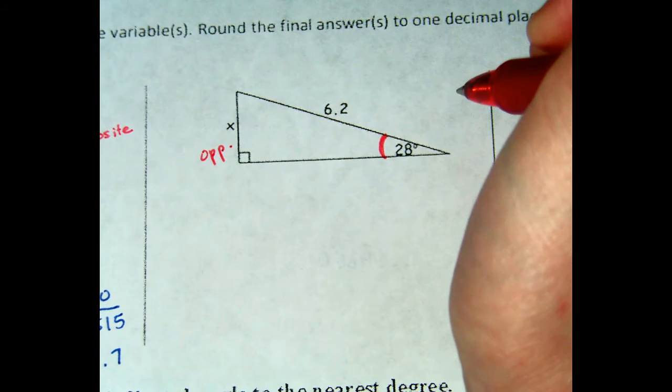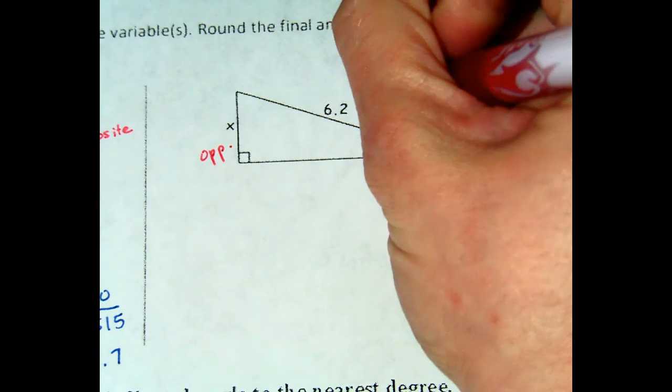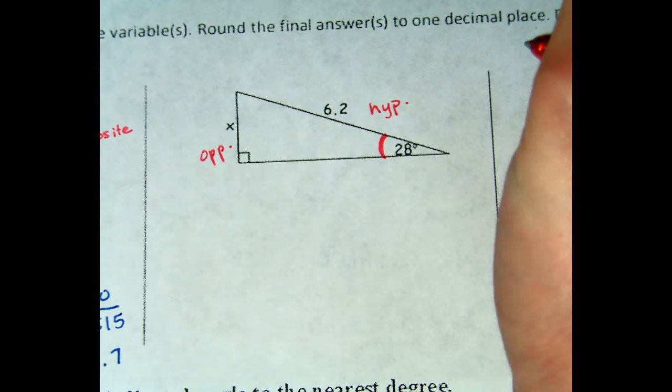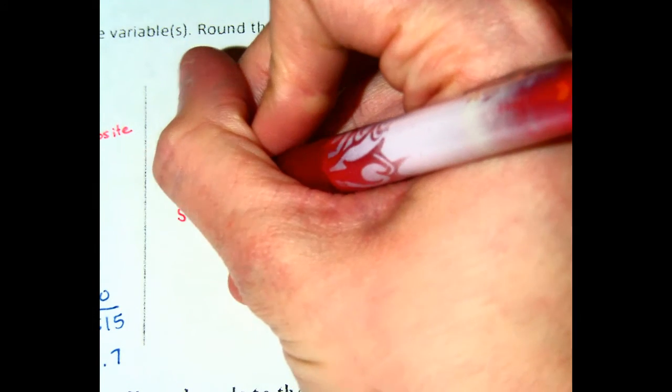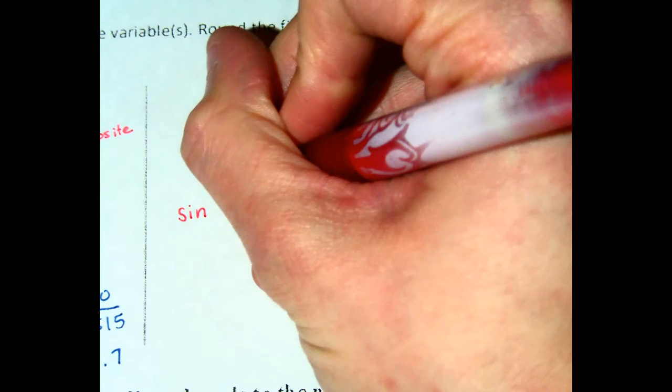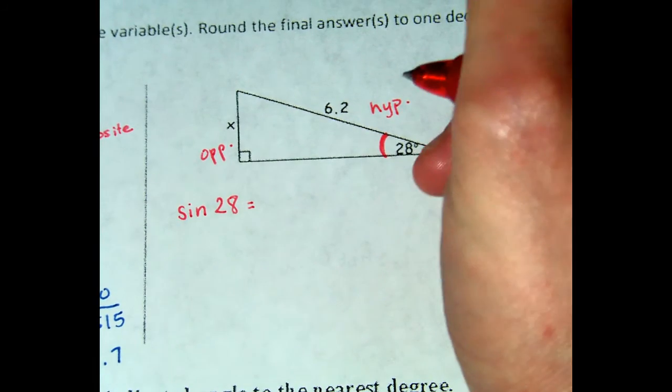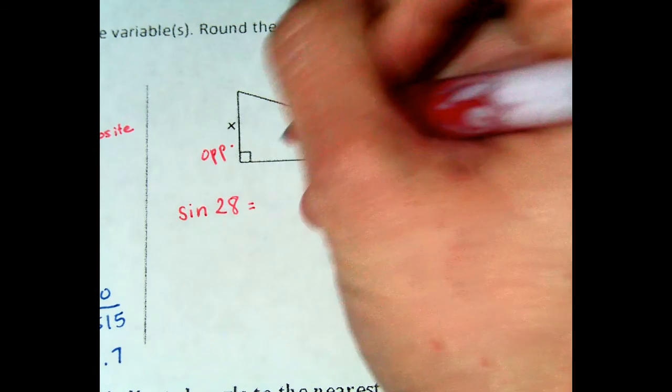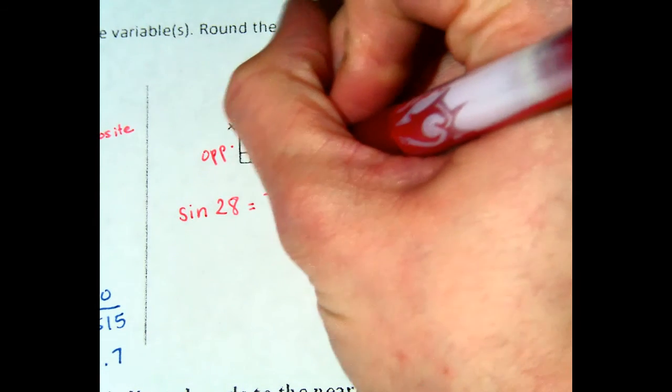What is 6.2 compared to 28 degrees? Which trigonometric ratio has opposite and hypotenuse? Sine of 28 equals, what's the opposite over what's the hypotenuse?